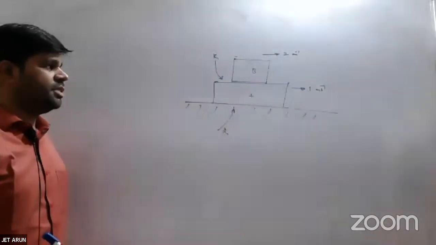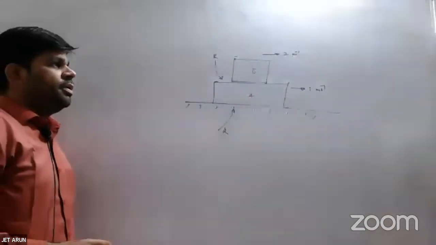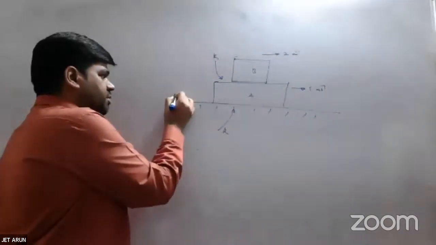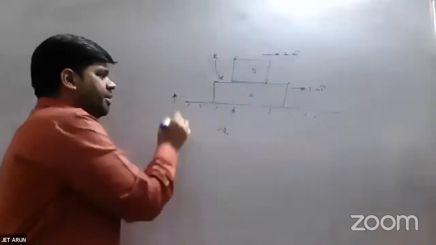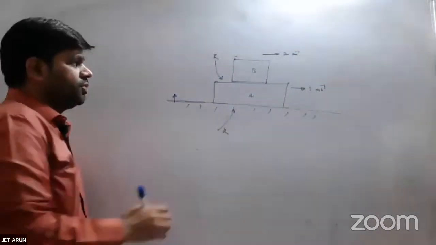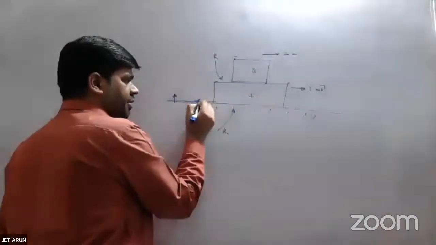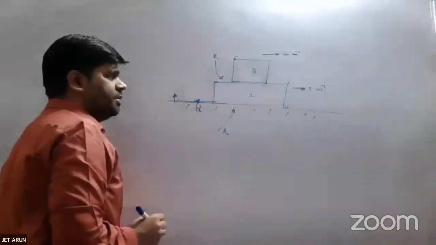So how do I decide what is the direction of kinetic friction? I stand on the surface. I observe the block. I observe in which direction the block is moving. So this block is moving towards the right. Friction is towards the left. Kinetic friction is towards the left.